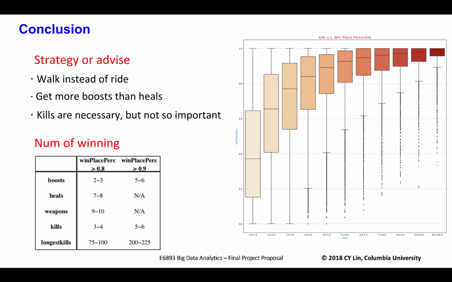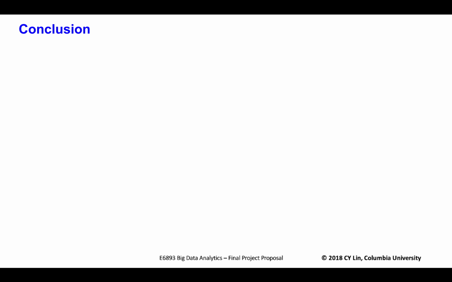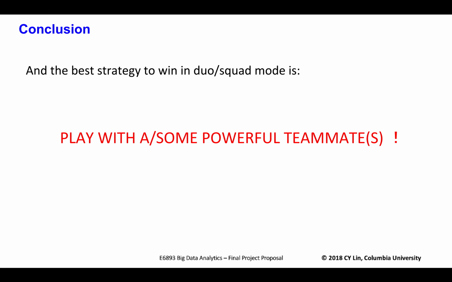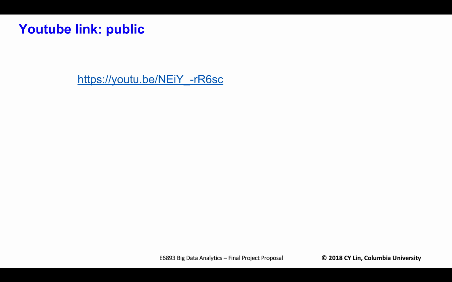In this table, we can see that it is not necessary to get so many boosts and heals or kill too many enemies. If you want to improve yourself, you'd better try to kill people at a middle distance rather than fight face to face. Besides, the best strategy to win in duo and squad mode is to play with some powerful teammates.